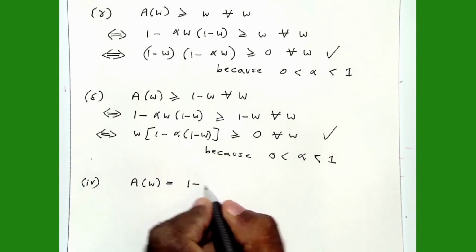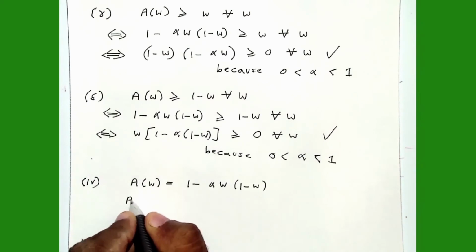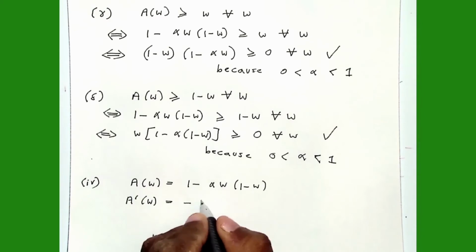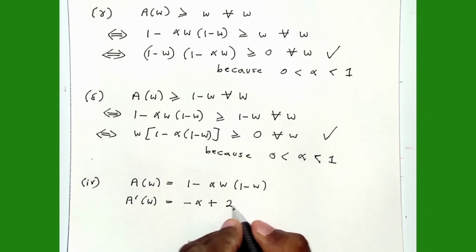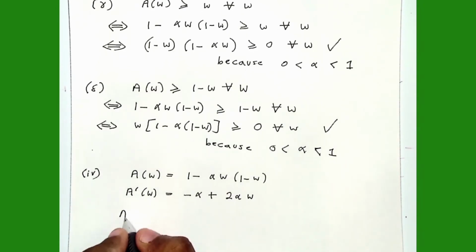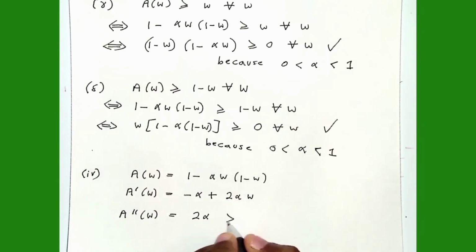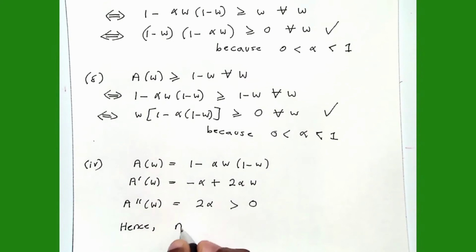We know that A is 1 minus alpha w times 1 minus w. So the first derivative with respect to w will be minus alpha plus 2 alpha w. Okay, and the second order derivative is 2 alpha, and this is positive, right? Hence A is convex.